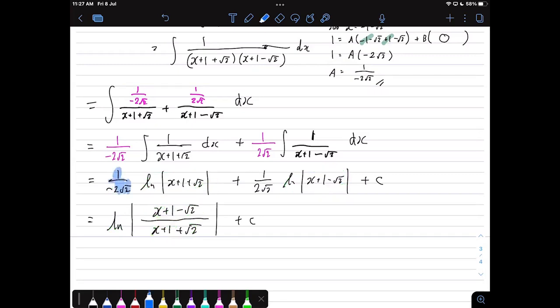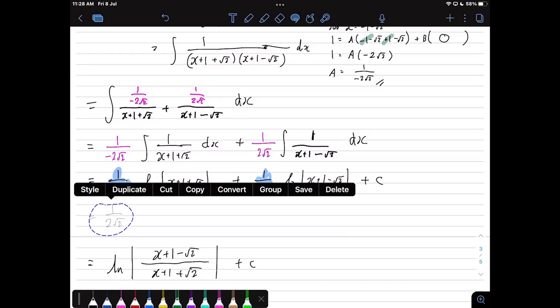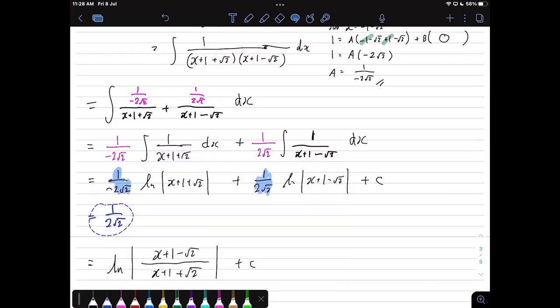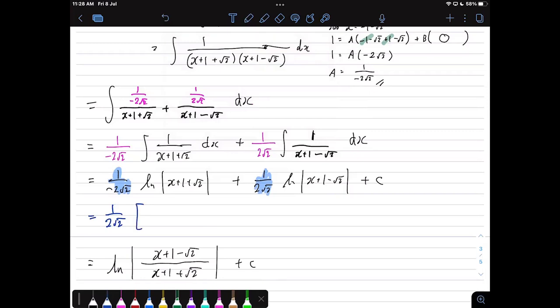Exactly. So what we need to do is to actually first factorize out the blue color 1 over 2 square root 2 first. Let me change the font size. Okay, and then we get negative ln plus ln of whatever. Then here I'm just gonna write down plus c.